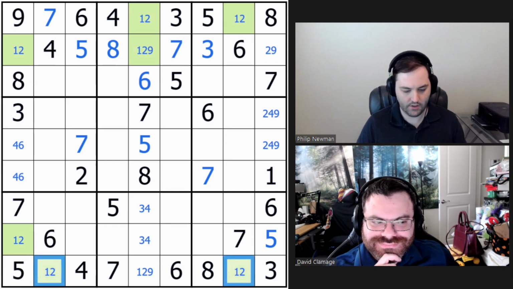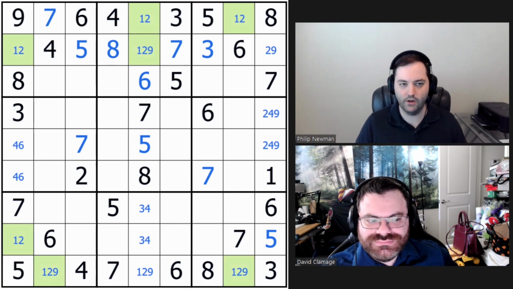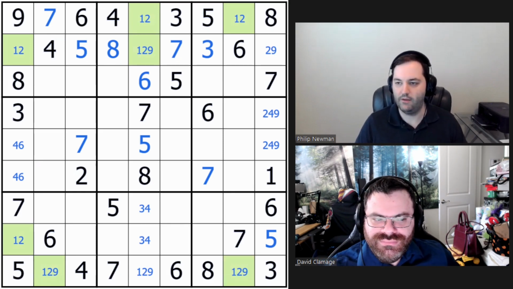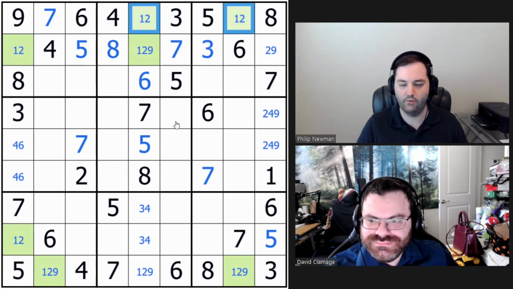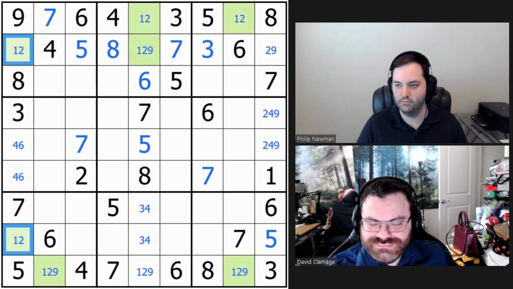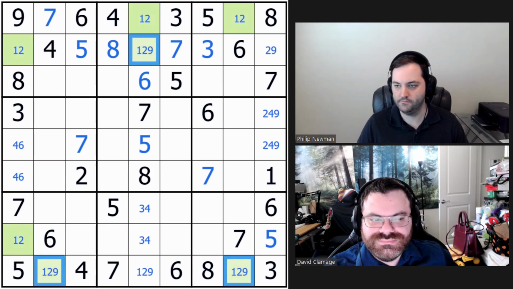Right. And so what I suggest for that is usually what you're going to have is some bi-value cells on the same 2 digits in multiple houses. So here you have a row and a column that has naked pairs in both. And then you're going to have some way of connecting them that involves the same 2 digits plus potentially some guardians.